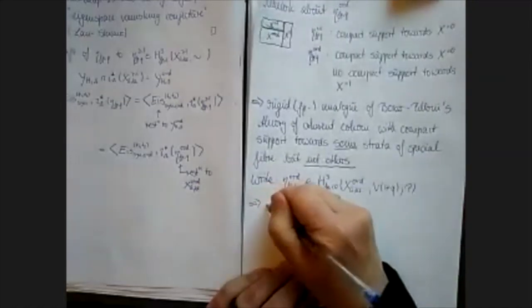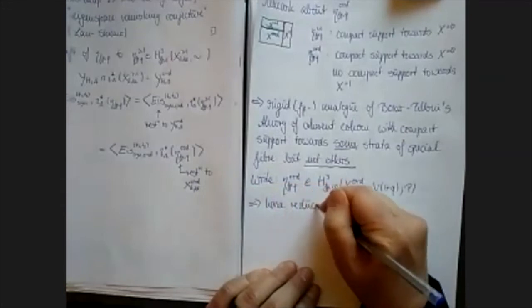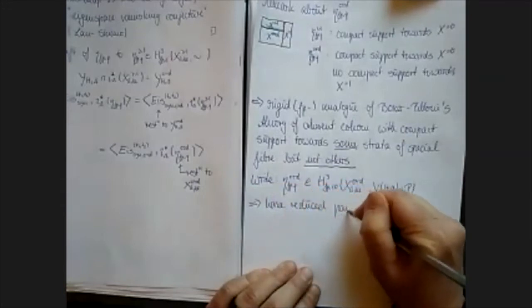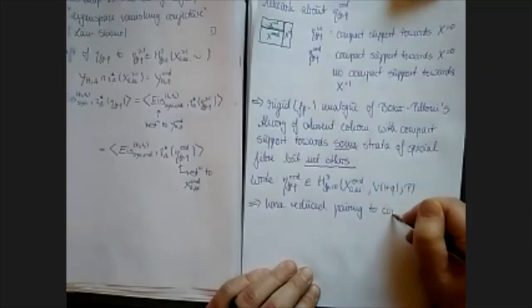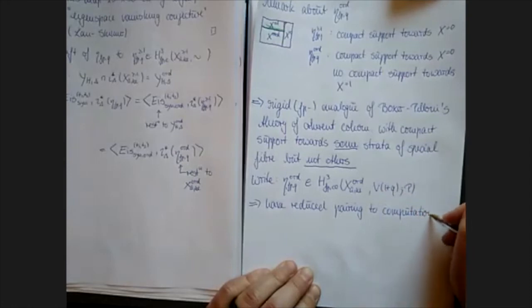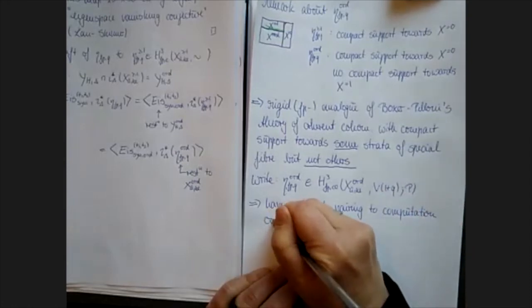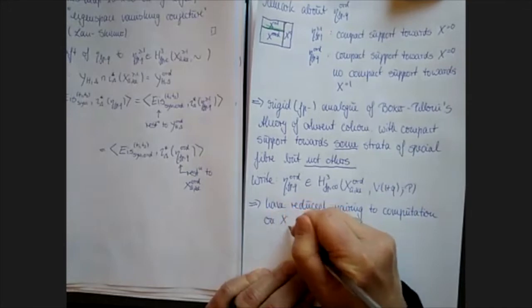Right, so what have we done? We have reduced the pairing to a computation on X_H delta odd. So this is good.